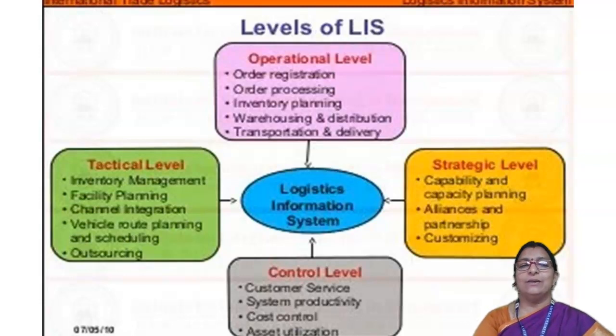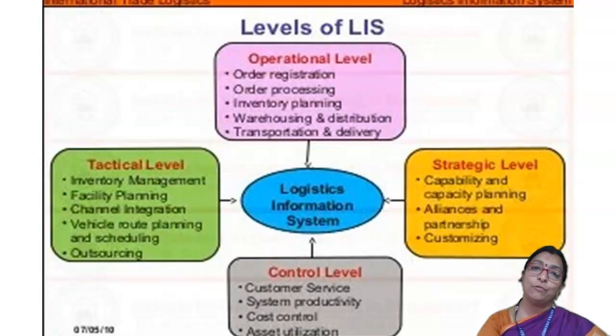In the next level, that is our control level, the logistics information system's major application is in the area of management control. So based on the operating level data, the LIS, that is our logistics information system, is required to generate reports on the performance of the various logistics operations.